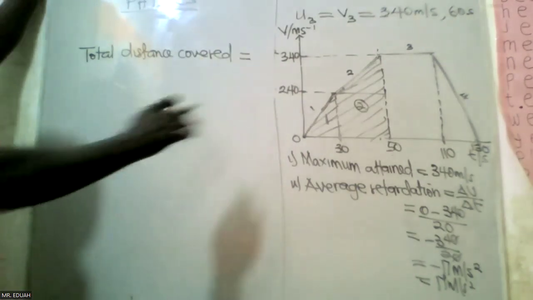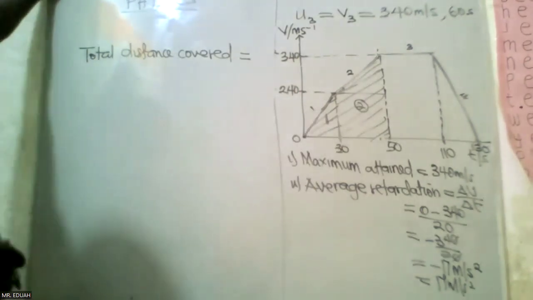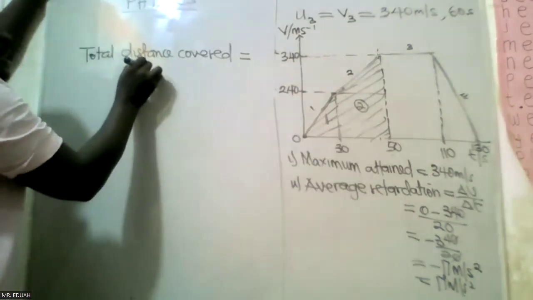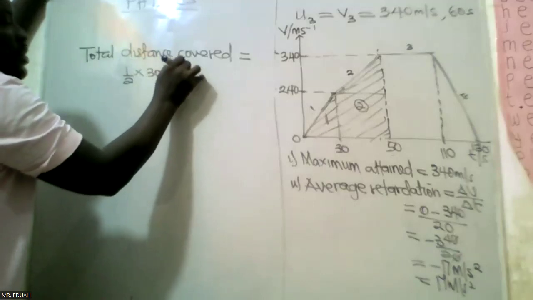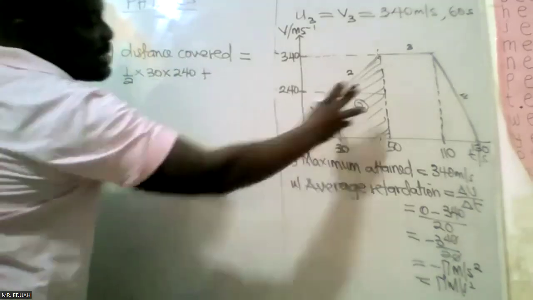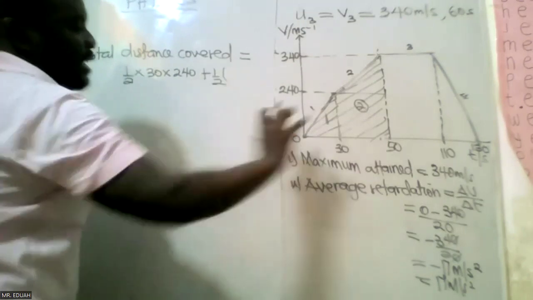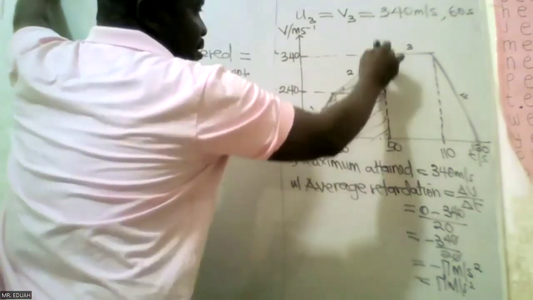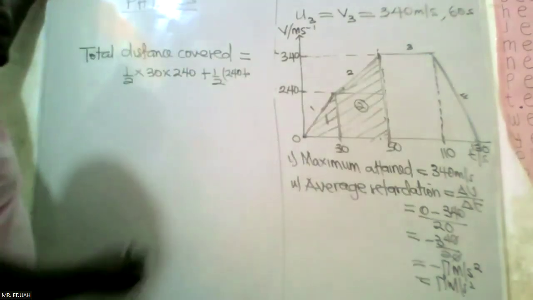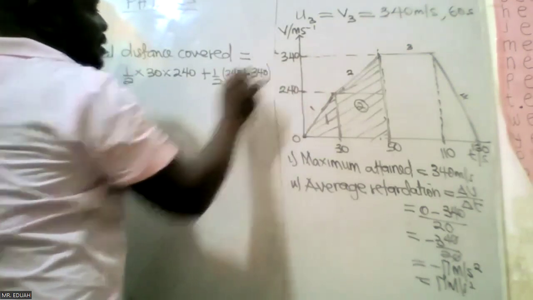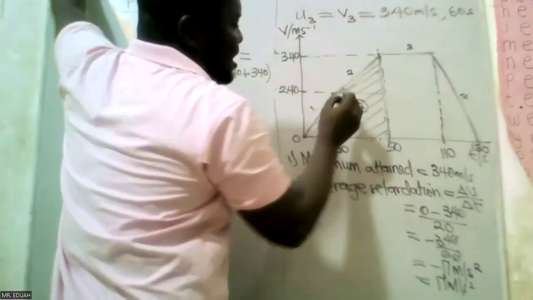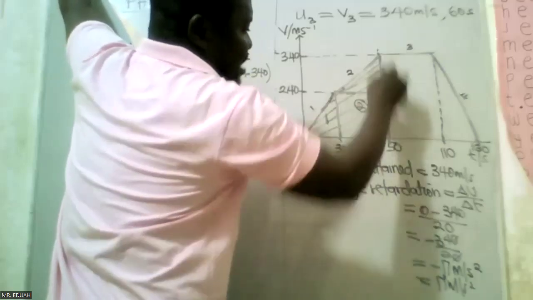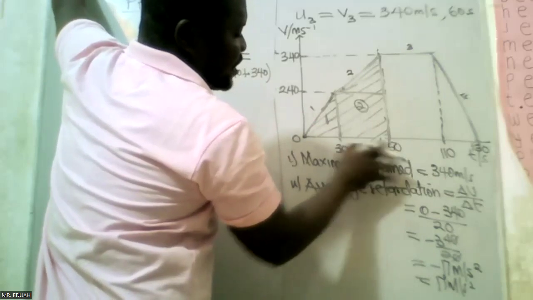Total distance covered is equal to, this is a triangle, so half base, the base is 30, the height is 240, plus this is a trapezium, half A, this is the side A, 240 plus the side B, 340 times H. H is the height which is perpendicular to both A and B, and this is 50 minus 30, 20.